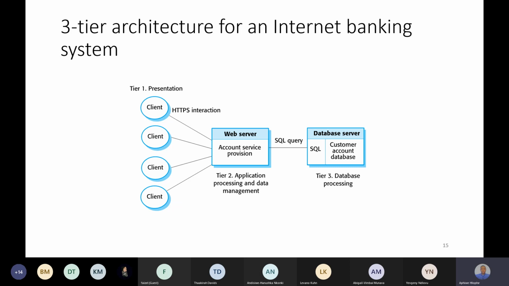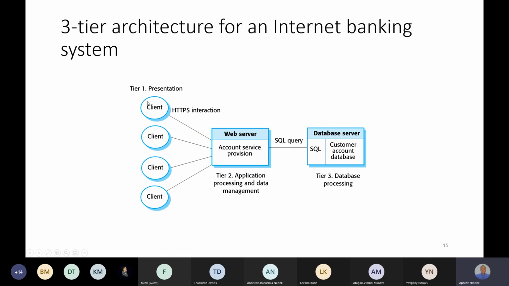And this is an example of 3-tier on a banking application, an internet banking system. You're accessing your internet banking profile on a web browser, which is the client software, using the HTTPS protocol, and it's also your presentation layer where you see the application.